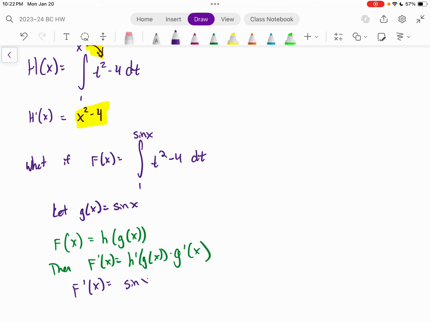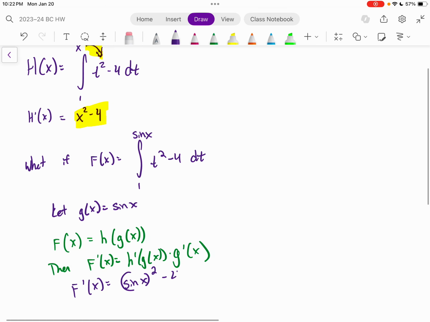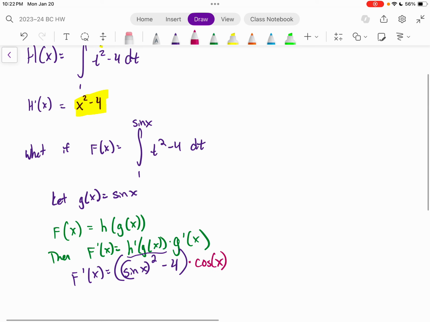So that'd be sine of x squared minus 4, or sine squared x minus 4, either one. That's this first part, times the derivative of g, cosine x. So f prime would be sine squared x minus 4 times cosine x, because of the chain rule.